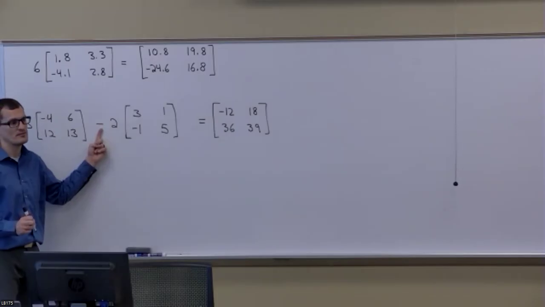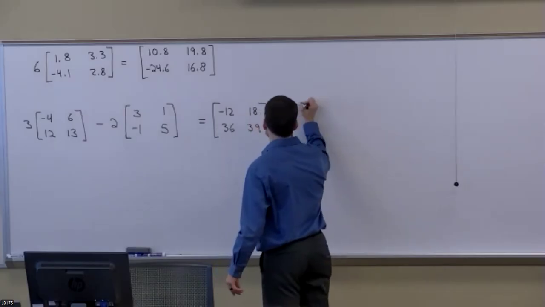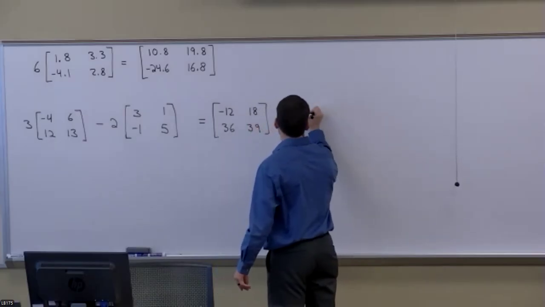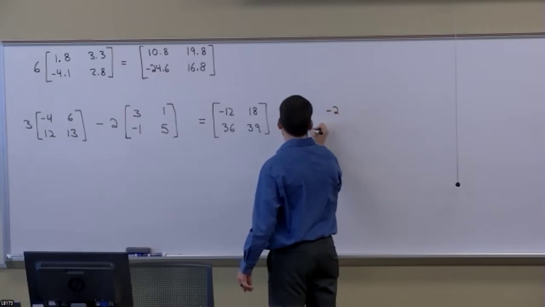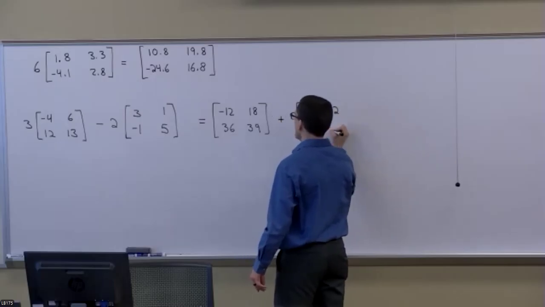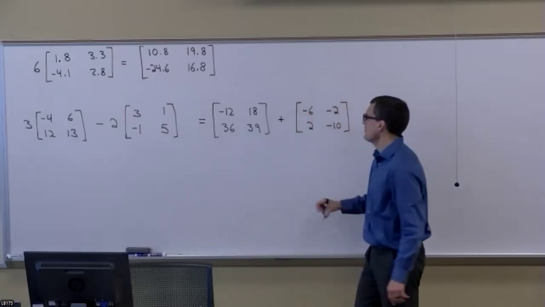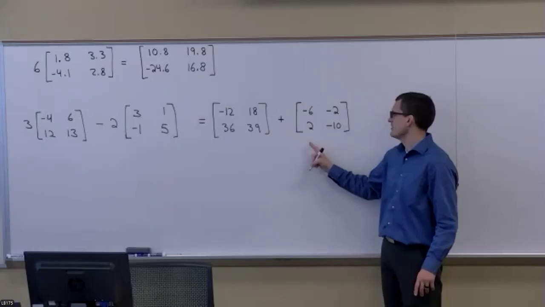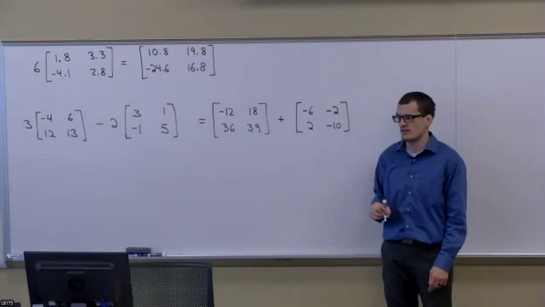Does that make sense? So I'll write it this way, plus negative 6, negative 2, positive 2, negative 10. Some people would do a minus 6, 2, negative 2, positive 10. That's fine as well.